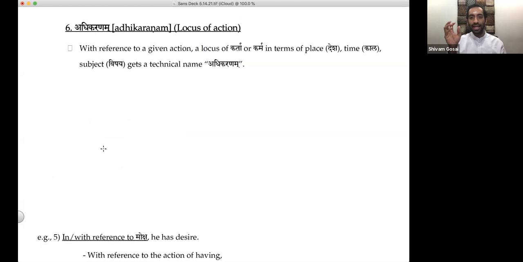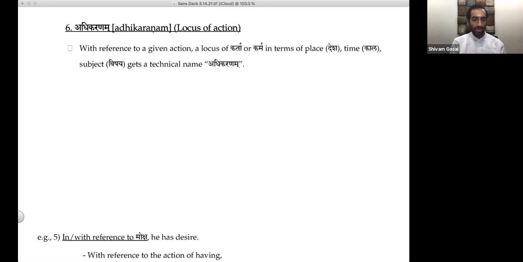Now, that desire is with reference to what? With reference to moksha. So it's desires in moksha. Now, notice how moksha is not kala, and it's also not desha, it's not time or place. It is a subject matter, desires in moksha.